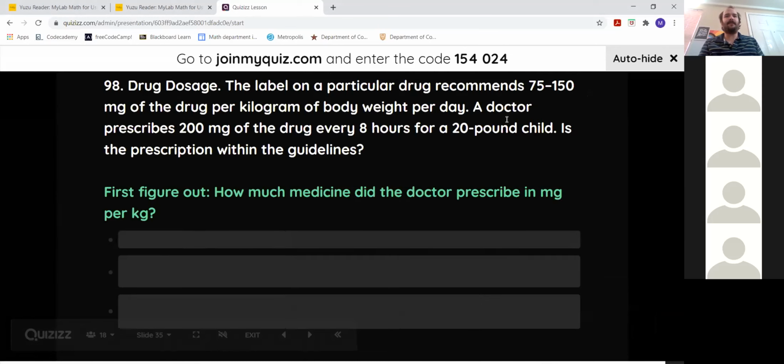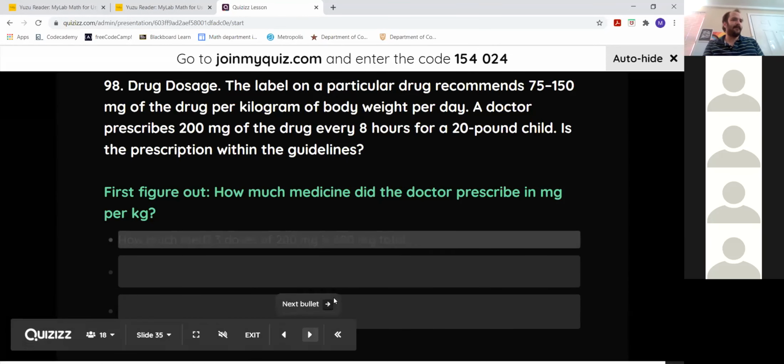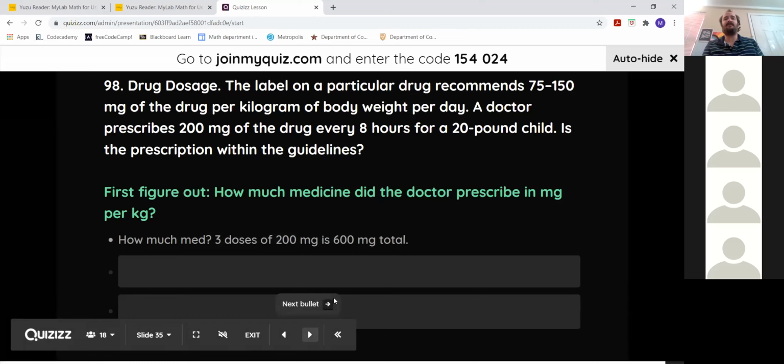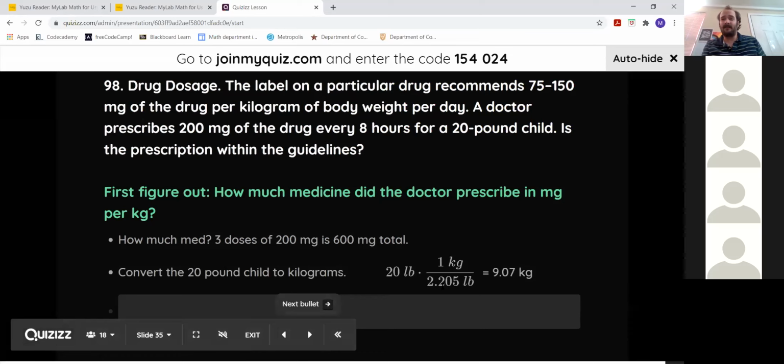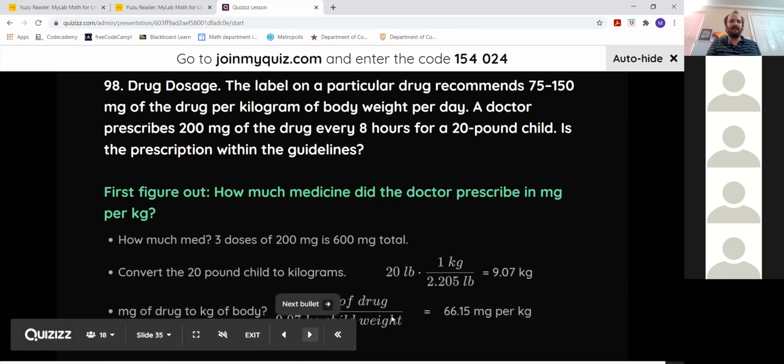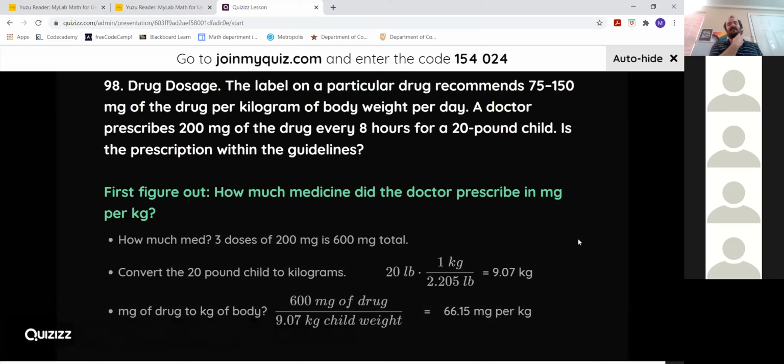All right, and if he's prescribing 66.15, I guess I got it broken down here. 3 doses of 200 is going to give us the 600 total. The 20-pound child, this was what I was talking about. You're either dividing by the 2.205 or multiplying by the 0.45. We divide those two numbers, we should get 66.15.